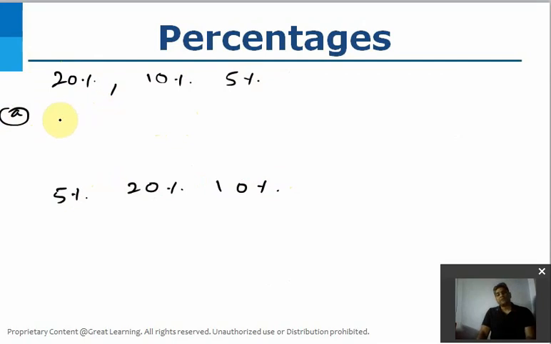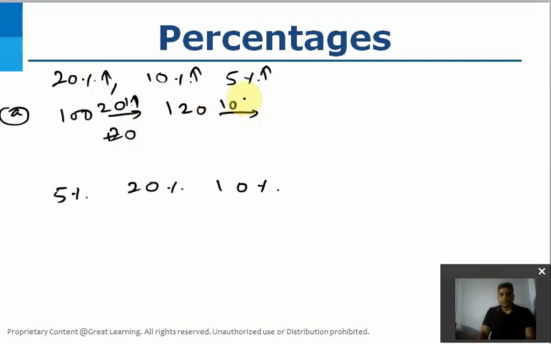My first case, let us start with 100. Let us assume these are not discounts but successive increases. So 20% increase means plus 20, and 120 it will become. Again a 10% increase, so plus 12, and 132 it will become. Again a 5% increase: 10% is 13.2, divided by 2 it is 6.6, so it will become 138.6.